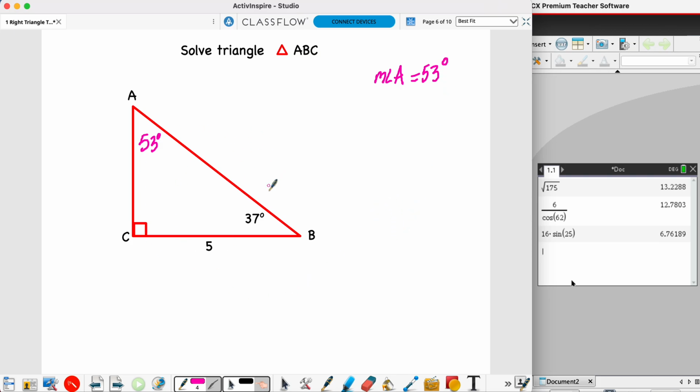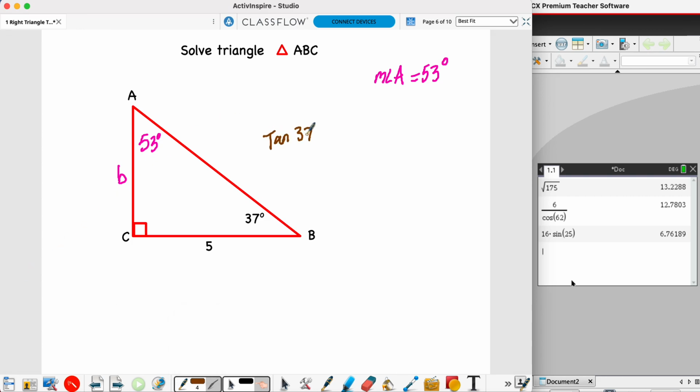And now we've got to find the sides. So to do that, we're going to use trig. For this, you have a lot of options. You could use the 53-degree angle, or you could use the 37. Doesn't matter to me. I'll just use 37. We'll find AC. We're going to call this little b. So b is the opposite side from 37. 5 is the adjacent, so we'll use tangent. I'll go ahead and pick a different color, just so we can follow this differently.